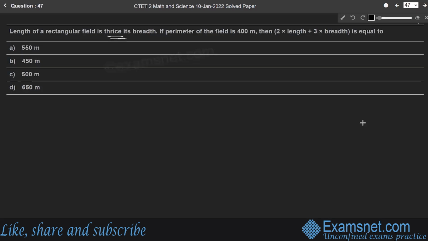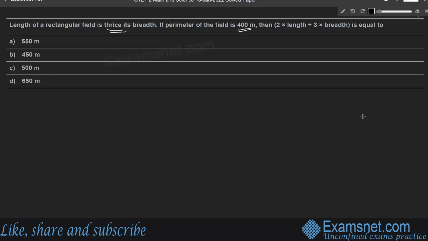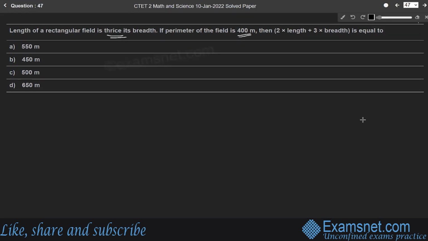Question 47. Length of a rectangular field is thrice its breadth. If perimeter of the field is 400 meter, then 2 times length plus 3 times breadth is equal to? Given length of a rectangle is equal to 3 times its breadth, right?